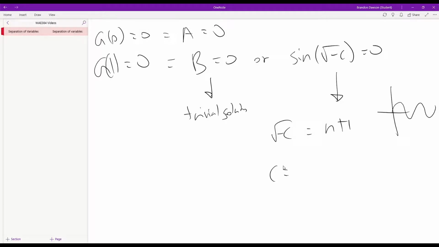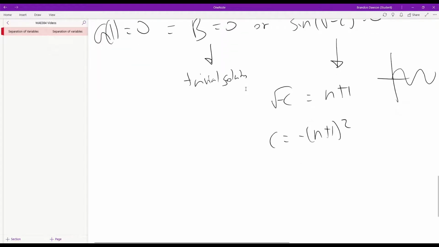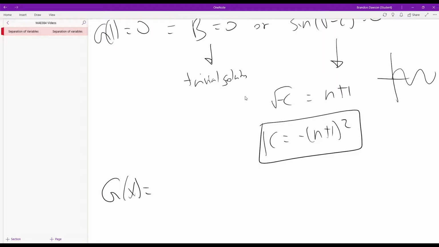So c would equal negative n pi squared. So now we've solved for what our constant is, which is negative n pi squared. So our solution for g is g of x is equal to some constant that we do not know times sine of n pi x.